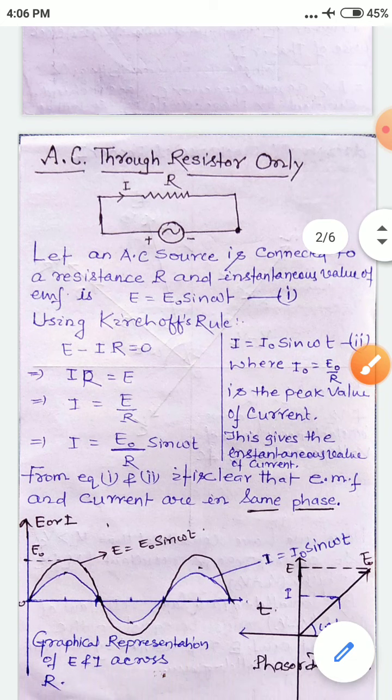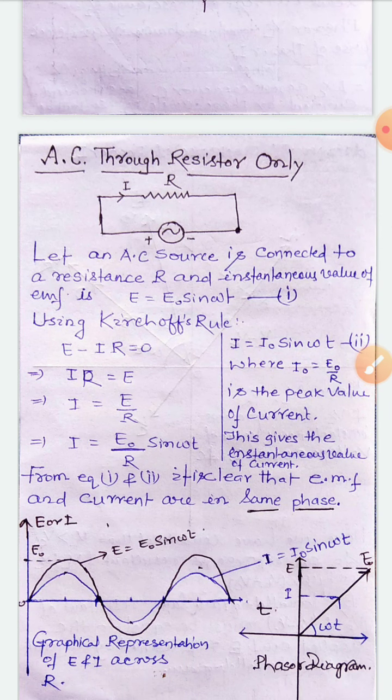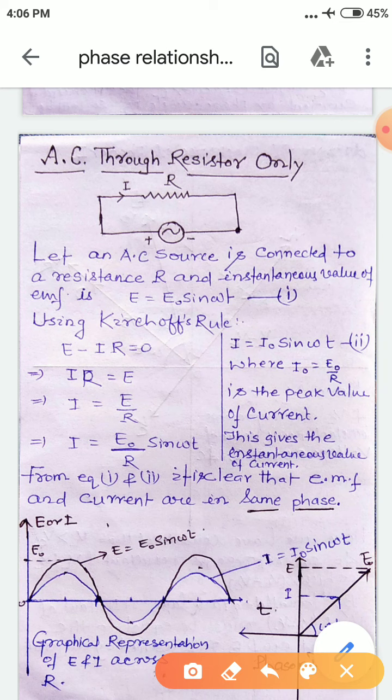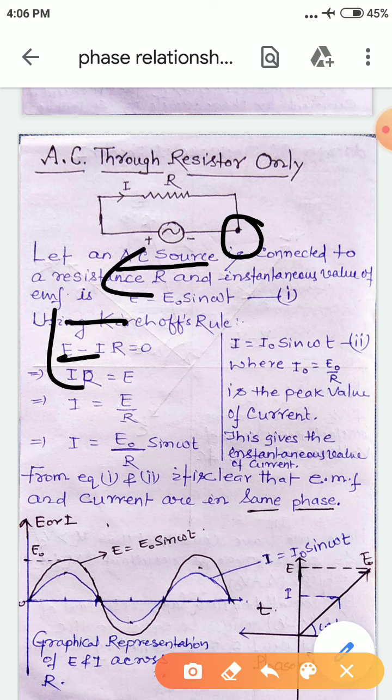Now for that, let us apply Kirchhoff's rule in this circuit. At that instant, suppose we start from here and this is the polarity of the source providing alternating EMF, then this will be taken as positive E, because we are moving in the direction of increasing potential.